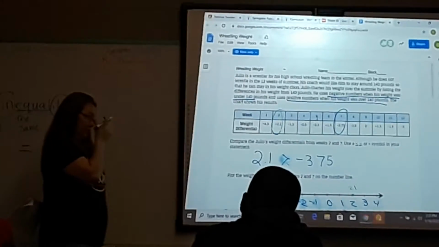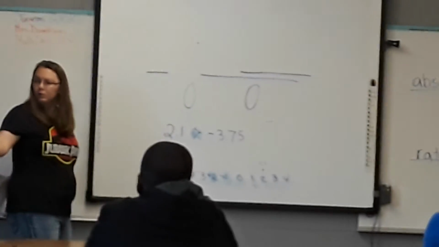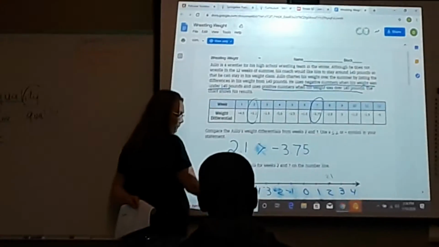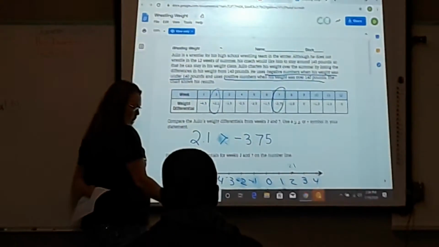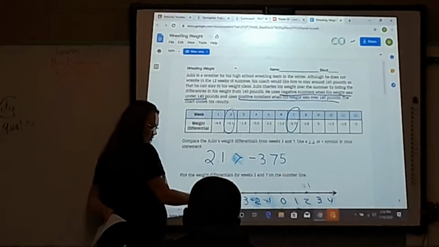Where am I going to put negative 3.75? Go to the left, to negative 3, and then go down by 4. How would I know how much to go? Put these lines in the middle.